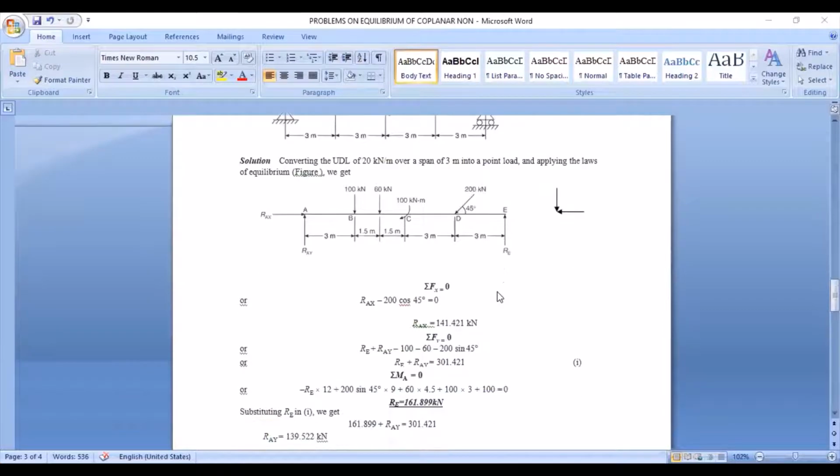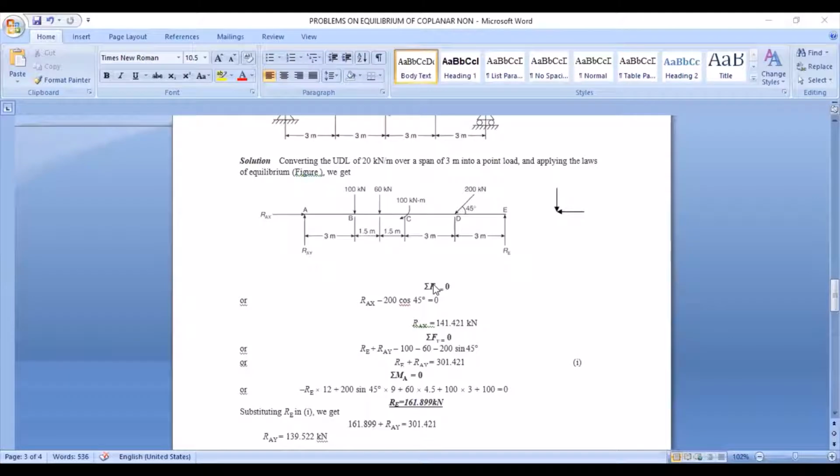Now that our free body diagram is ready, we are next supposed to apply the equations of equilibrium in order to find the unknowns. The unknowns in this particular question are RAX, RAY and RE. So three unknowns are to be identified. In this problem, we do have horizontal forces, that is the horizontal component of 200 kilonewton.